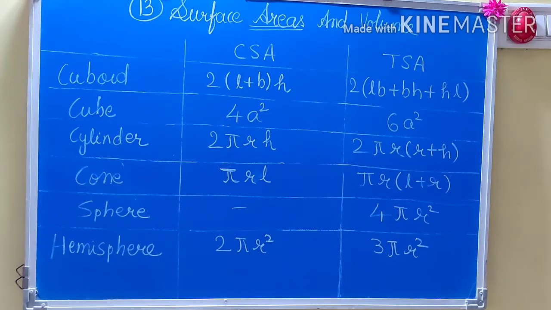A sphere doesn't have CSA and TSA like that. The surface area of a sphere is 4 pi r square, where r is the radius of the sphere, and for a hemisphere CSA is 2 pi r square, whereas TSA is 3 pi r square.